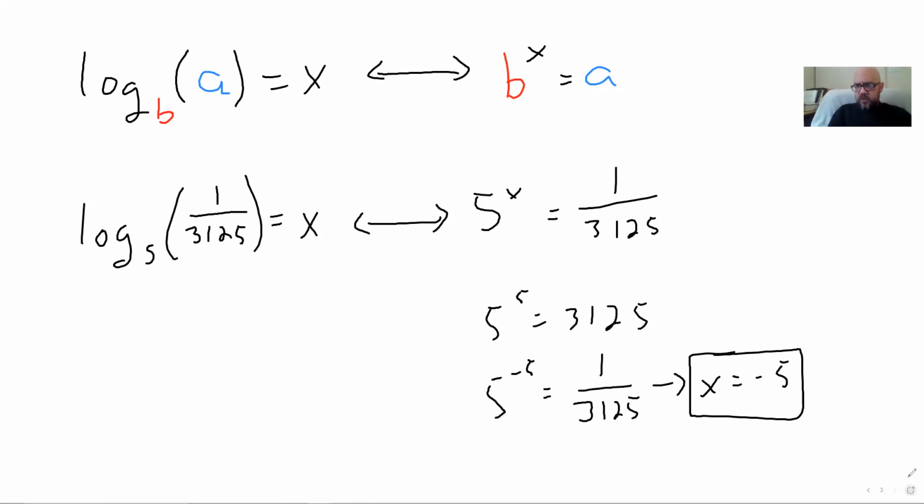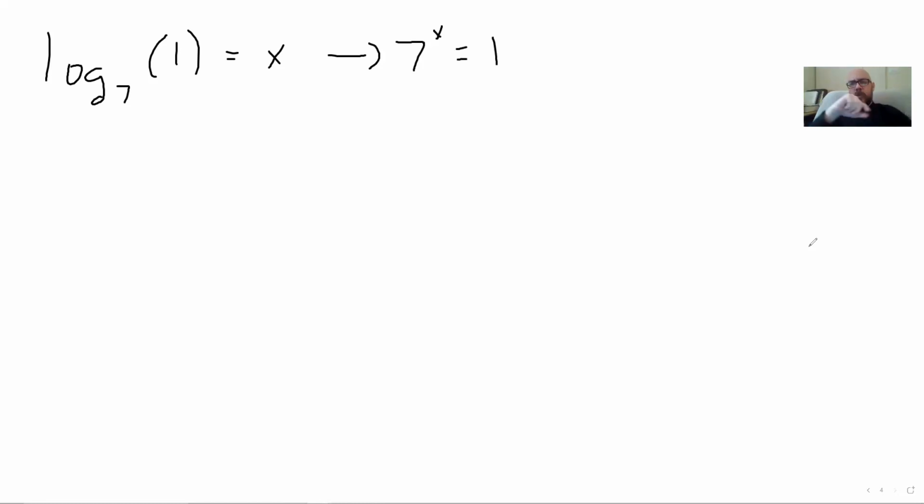Similarly, let's do one more. If I want log base 7 of 1 equals something, then my question is 7 to what power equals 1? Well, the only way to get something to equal 1 with a power is by raising it to the 0 power.